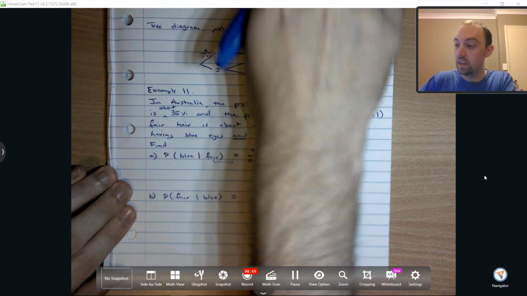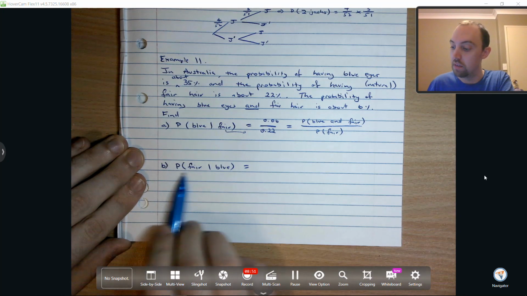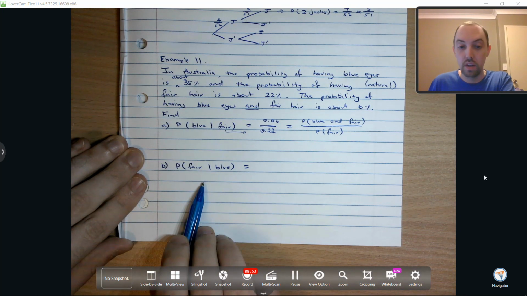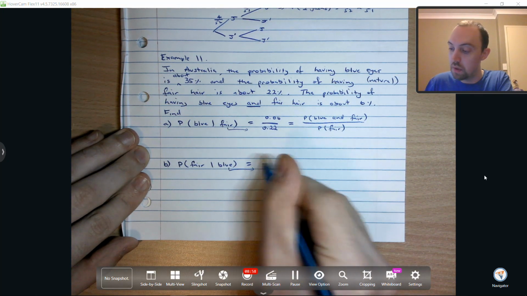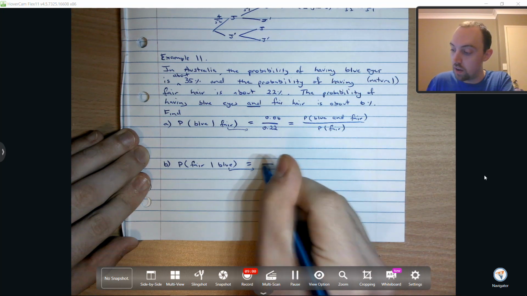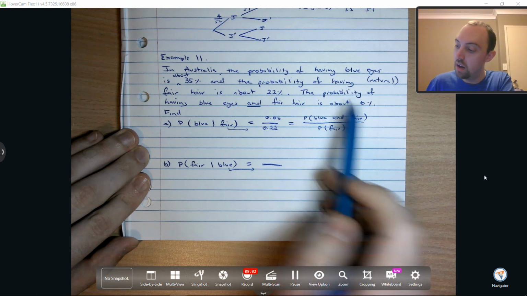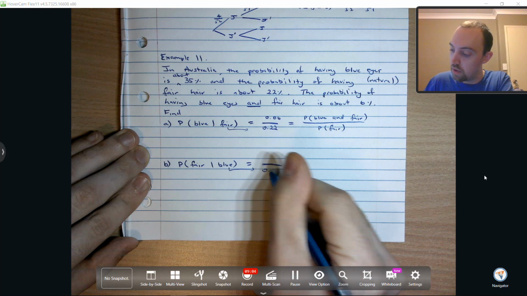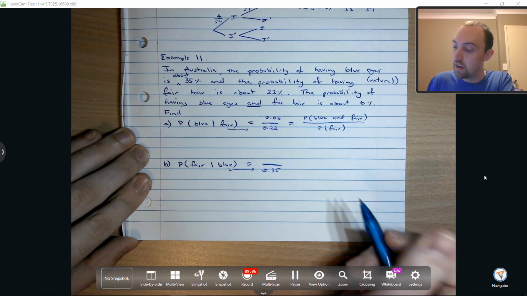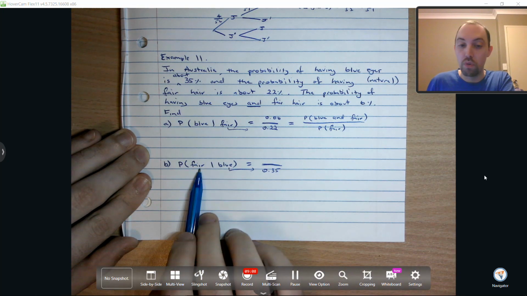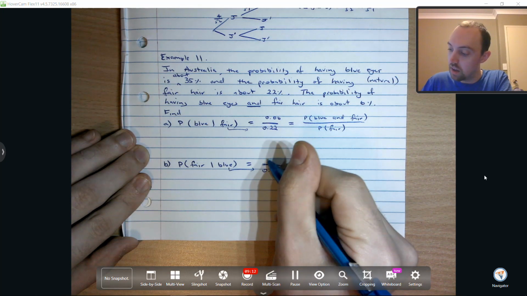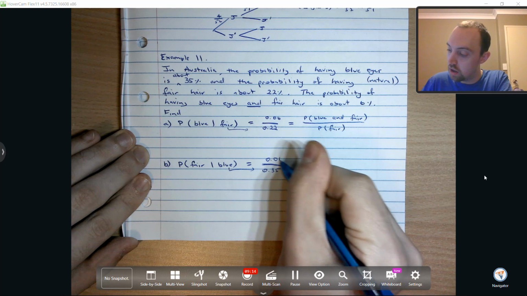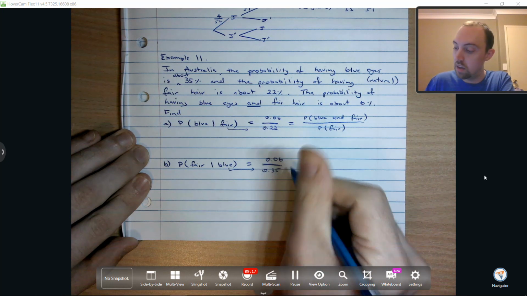And then lastly, we're looking at the probability of fair hair given that they have blue eyes. So then blue eyes is going to be the new total. So out of the probability of having blue eyes, which is about 35%, the probability of having both fair hair and blue eyes is again 0.06.